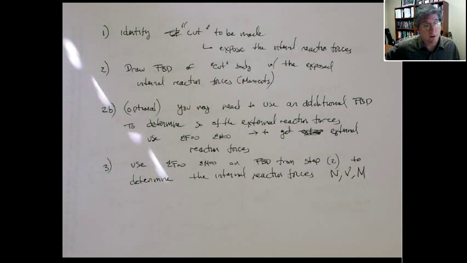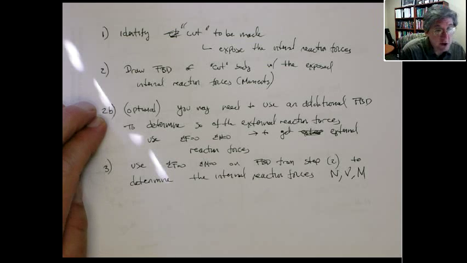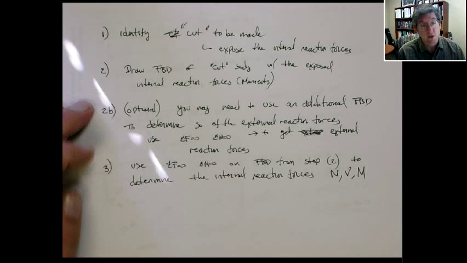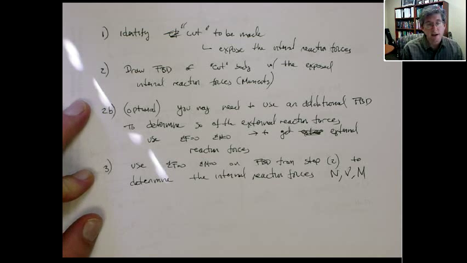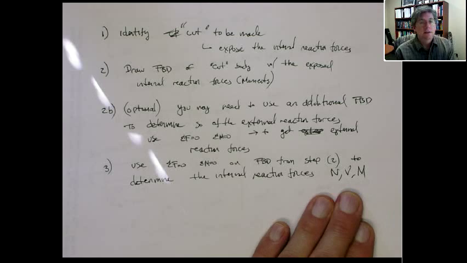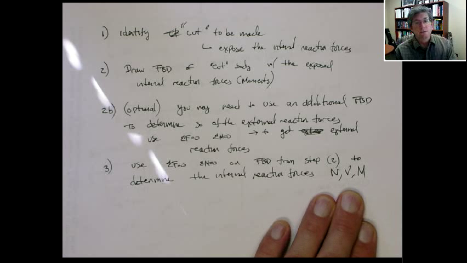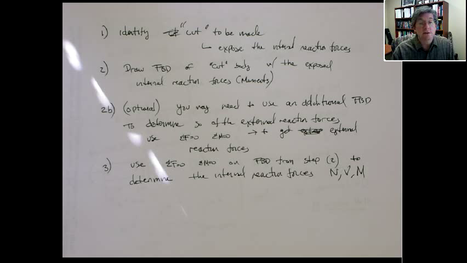Don't forget, sometimes you might have to use multiple free body diagrams to determine some other forces, so that you get all the forces known from the free body diagram that exposes A. And again, we're going to use these in subsequent chapters to compute stresses. That's what we're going to use to size or design components of the field.